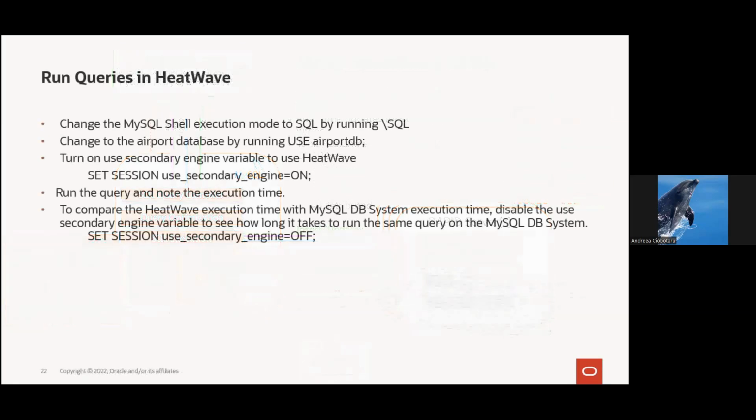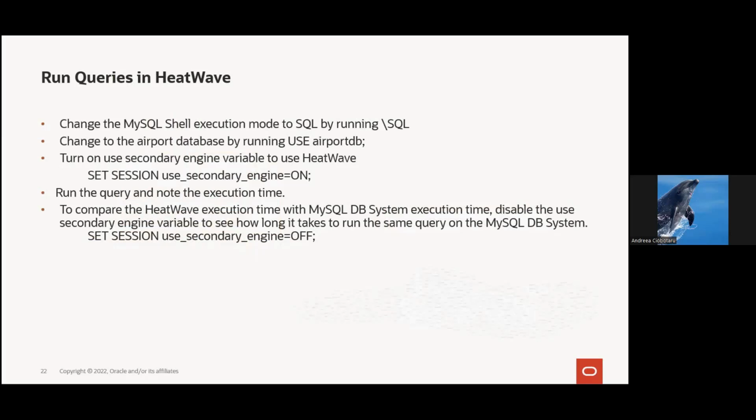Okay. Now, what you can also do is compare the HeatWave query execution time with the simple MySQL DB system execution time. You can disable the use secondary engine variable and run the query again to see how long it takes on the simple MySQL DB system.